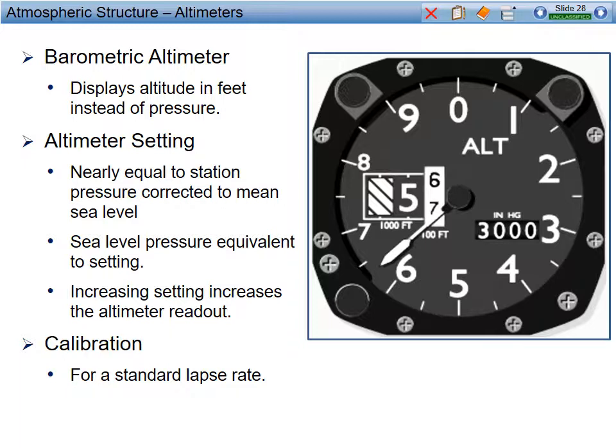Decreasing the knob will decrease the numbers in the Kollsman window, and the pointer will read out a lower altitude. It is calibrated for a standard lapse rate, so anything outside of that can induce a small amount of error. It reads off in increments of thousands of feet in the large box, in hundreds of feet in the small box, which also corresponds to the numbers around the outside of the dial.